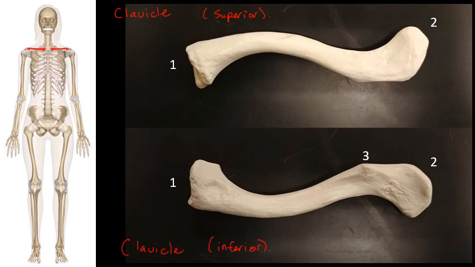And if this is superior, this is the sternal facet. And number 2 would be the acromial facet. And now looking on the underside, we have the conoid tubercle.